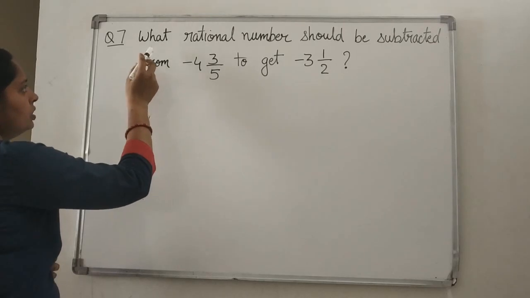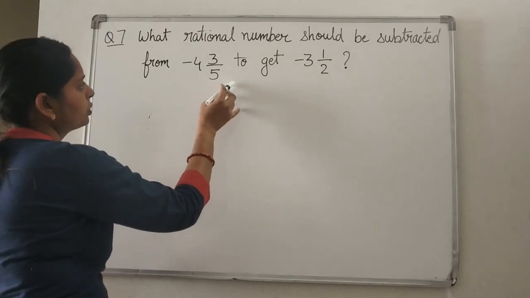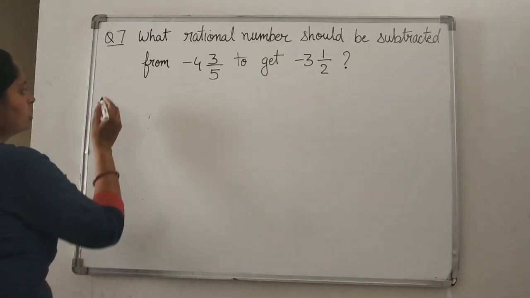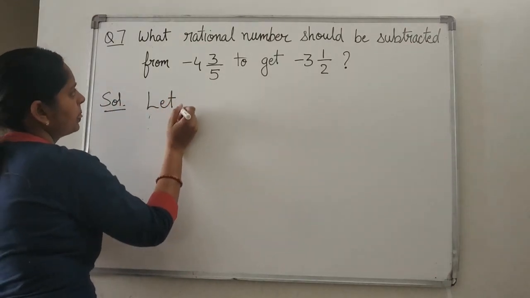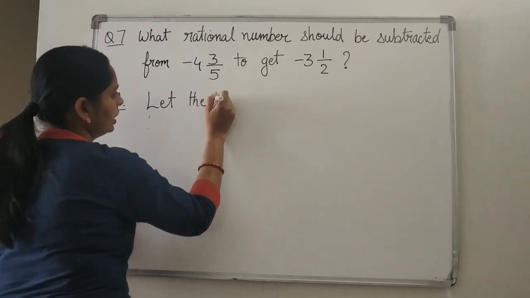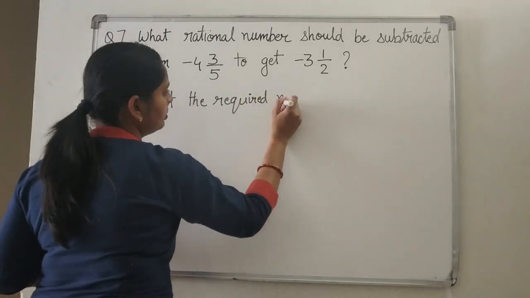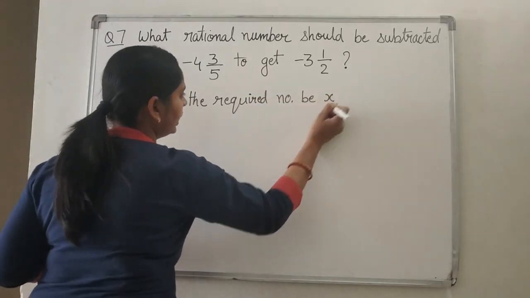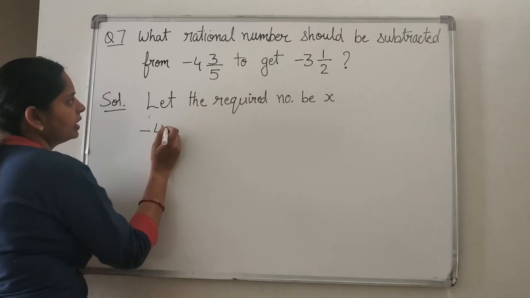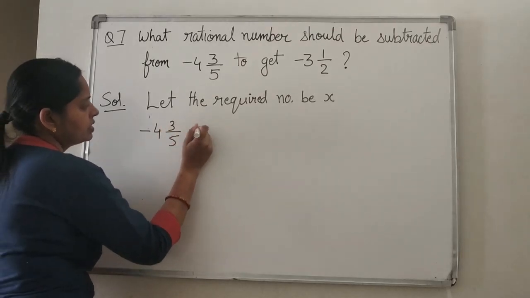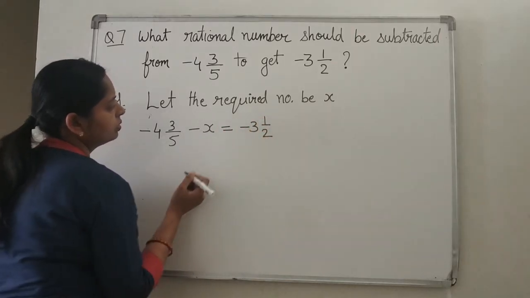Now, see the second question. What rational number should be subtracted from minus 4 3 by 5 to get minus 3 1 upon 2? So how will you do it? Again, as usual, let the required number be x. Then from this we have to subtract. So from minus 4 3 by 5 we subtract x to get the answer minus 3 1 upon 2.